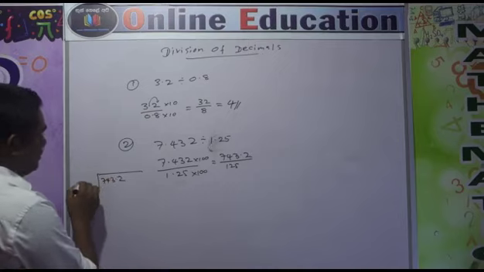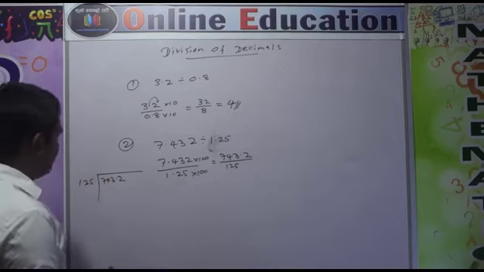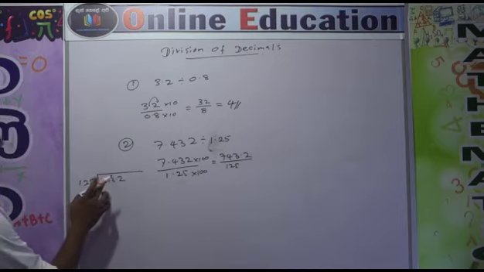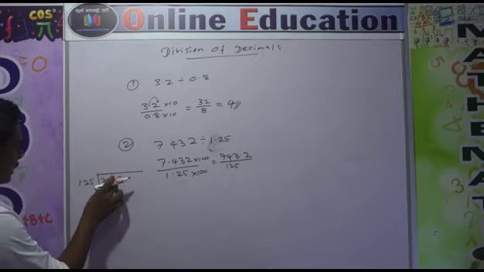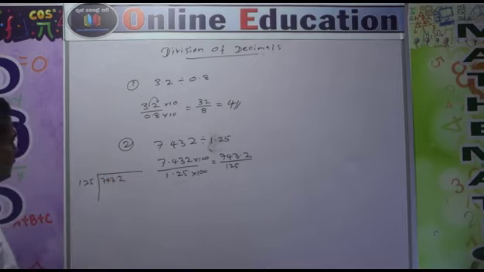743.2 divided by 125. There is no 125 for 7, no 74. There are 743.